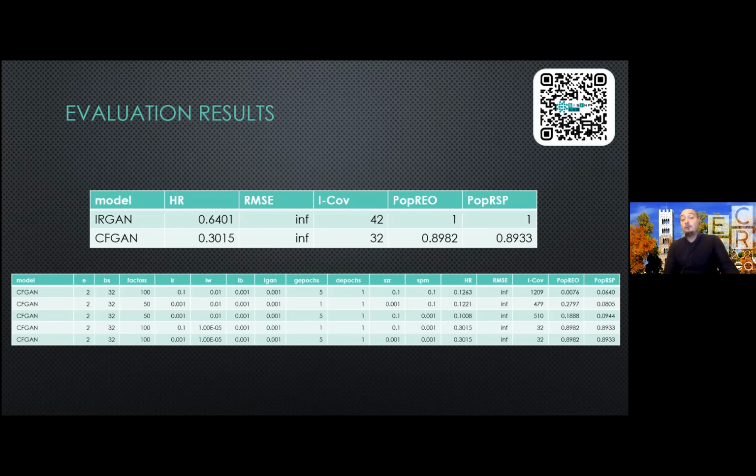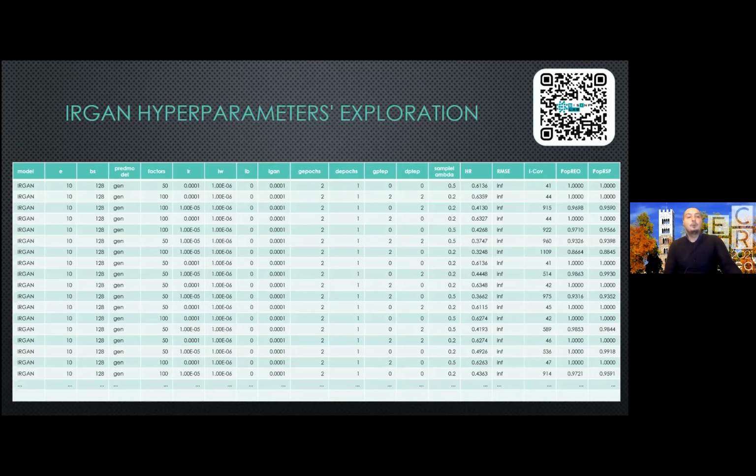But if we recall what we decided to do with IRGAN, we performed quite a large exploration of the search space, and this is just half of the whole table that we can obtain. Obviously, in this case, we use just a limited number of epochs, but in general, this shows that we can explore the search space much more with this kind of tool.